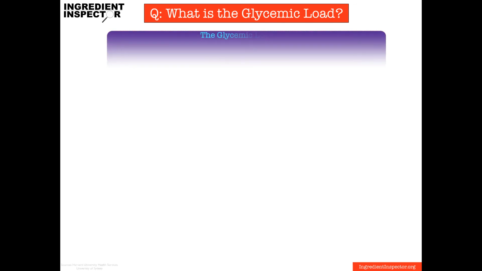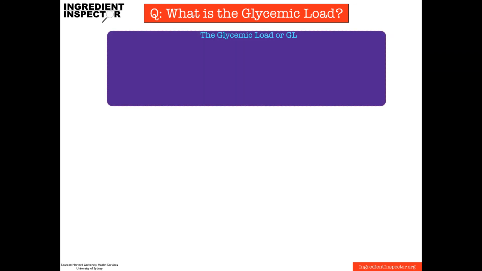So what is the glycemic load? The glycemic load, or the GL, is a scale which reveals how carbohydrates raise blood sugar per serving of food. And serving is really the key here, whereas the glycemic index is isolating 50 grams of carbohydrate from a given food. The glycemic load is based on a serving of food.